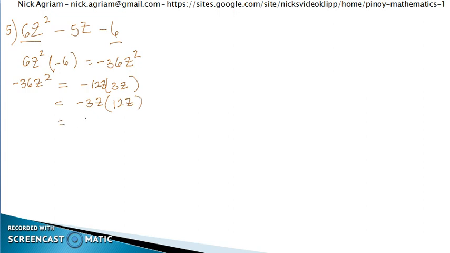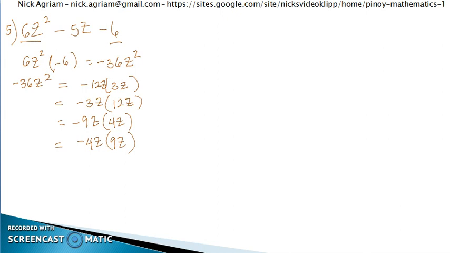And then we have negative 9 zeta multiplied by 4 zeta, and then negative 4 zeta multiplied by 9 zeta. You can consider even 36 times 1, but I'm not going to consider that.